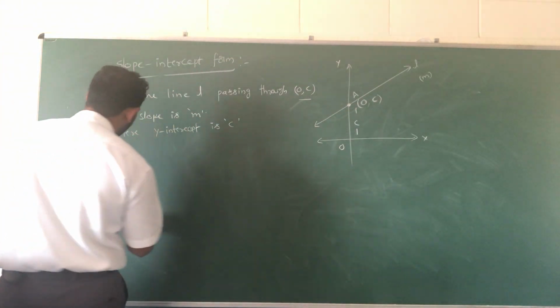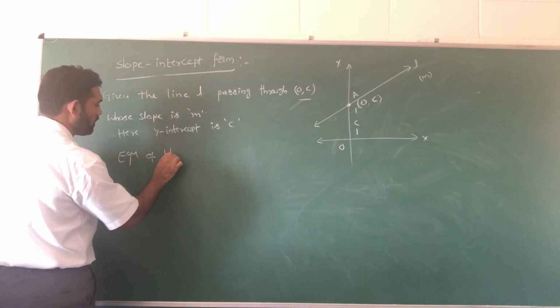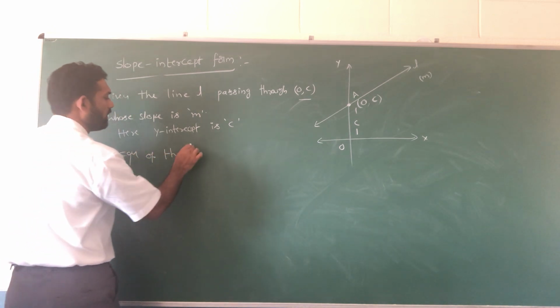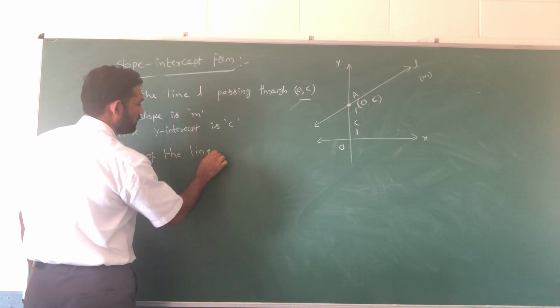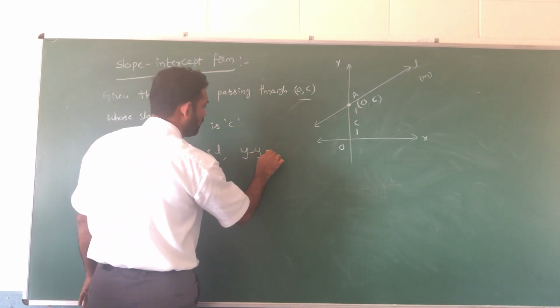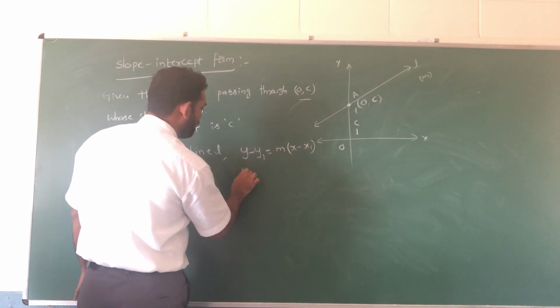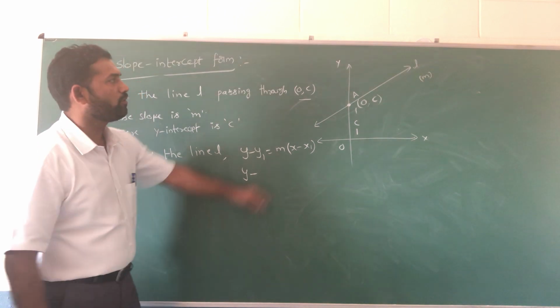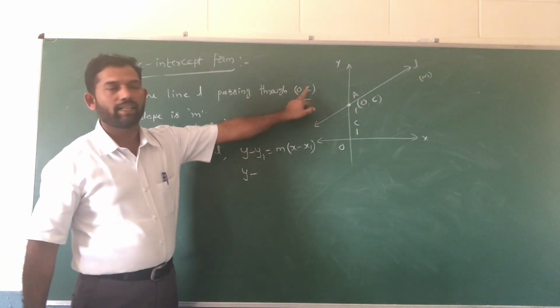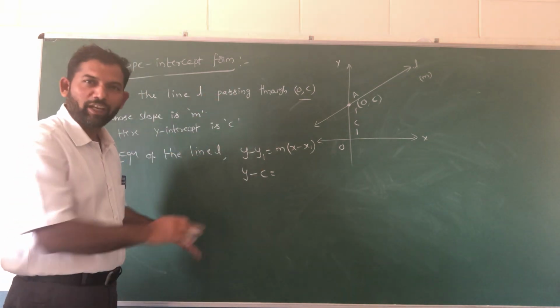Equation of the line L. So y minus y1 equal to m into x minus x1. Y1 means what? c. Using the previous formula, we are simplifying this.